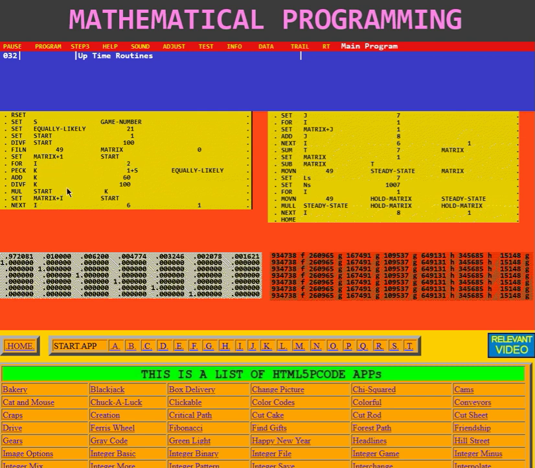The next thing it does, it then takes that fraction and multiplies it times the start value we had, which was 0.01, the first one, and then it says put in matrix plus I this new value. Well, I started at 2, so it's this one. So this one here is 0.01 times that random value.